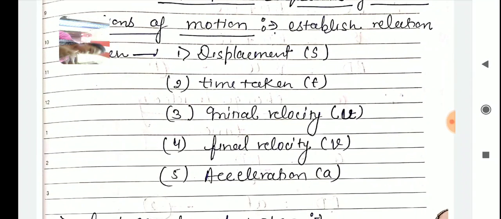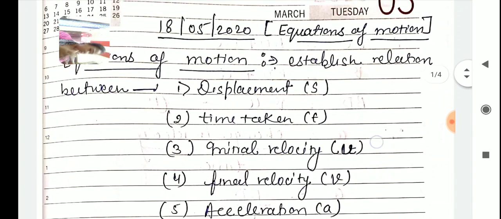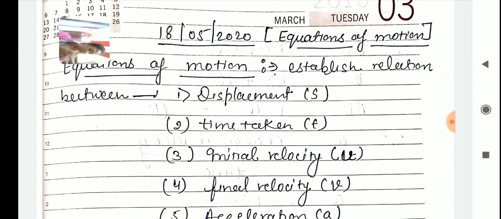So, we directly have the relationship to find out the values of the different quantities with the help of the quantities whose values we have. So, equation of motion establishes the relationship between different quantities that describe the motion.